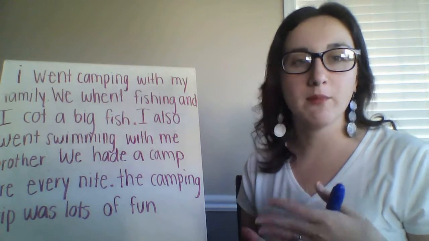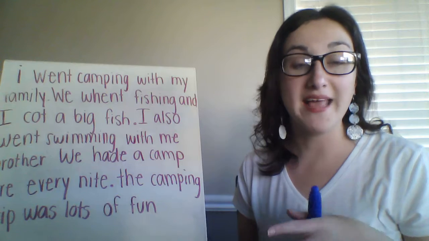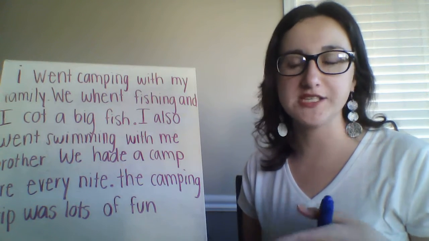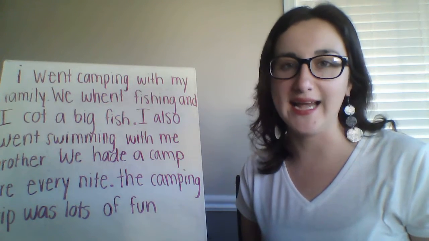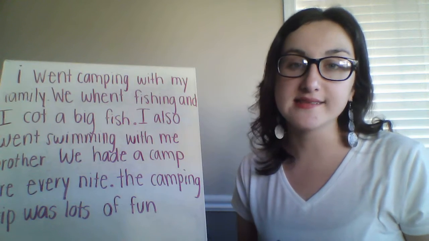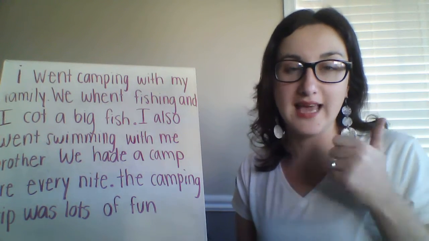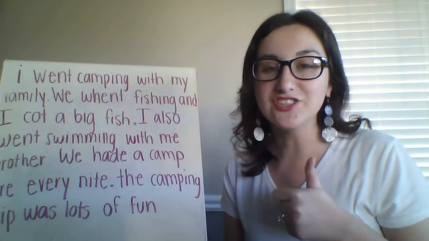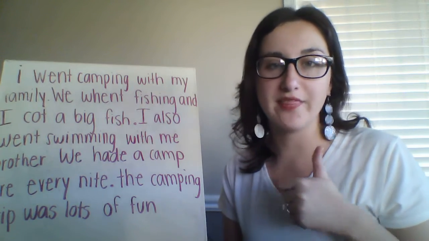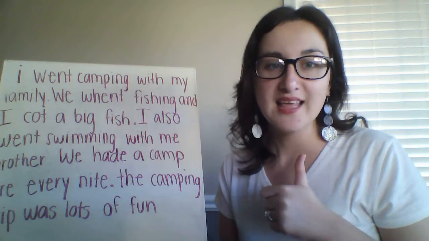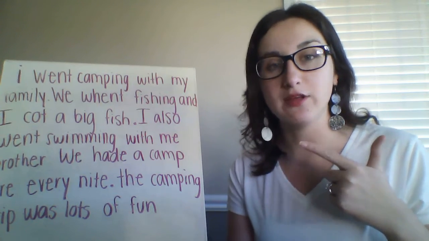Now, just a reminder, when we are making edits or making changes to a paragraph or to any writing, a few of the things that we are going to be looking for are capital letters. So each sentence should start with a capital letter. Each sentence should end with punctuation.